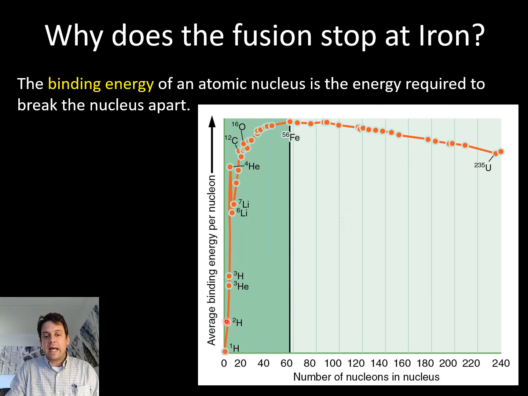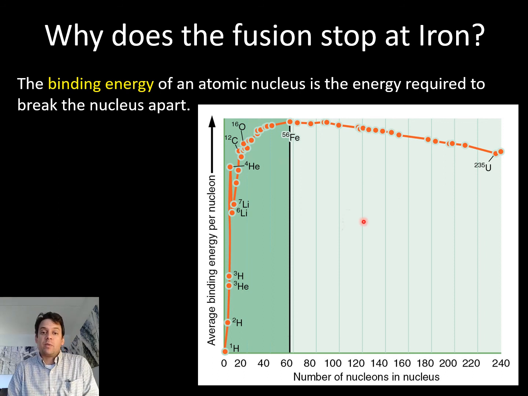But as you start adding additional protons, this plot jumps up very quickly. It then reaches a peak at iron-56, which is the most common, most naturally occurring isotope of iron. It has 26 protons, because every iron nucleus has 26 protons, and it has 30 neutrons.